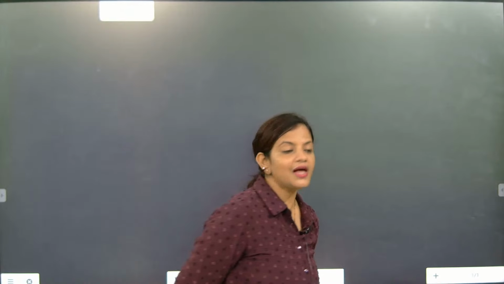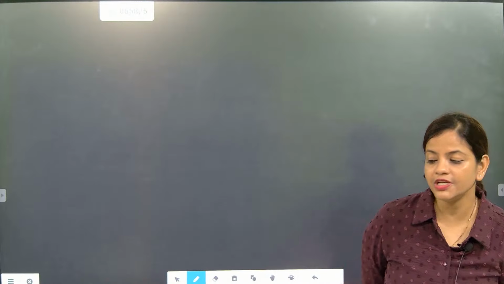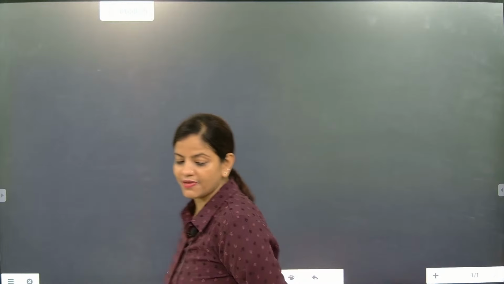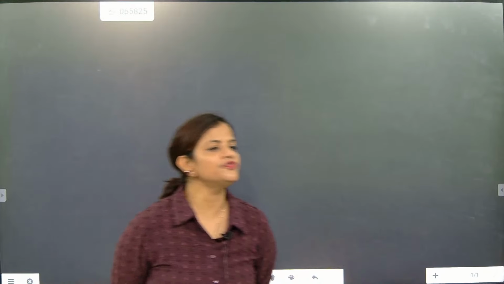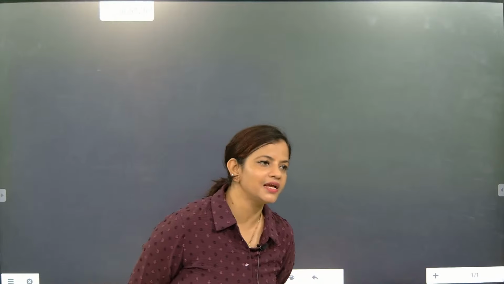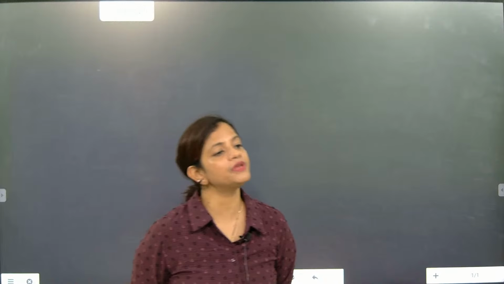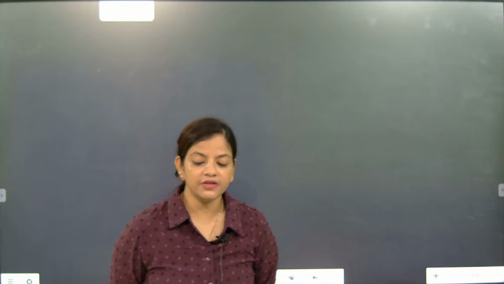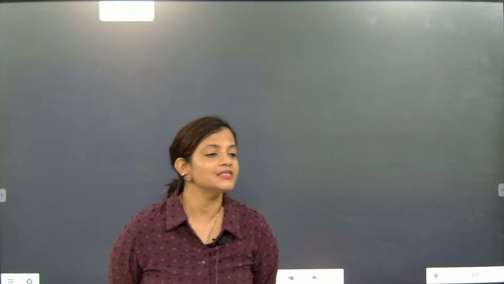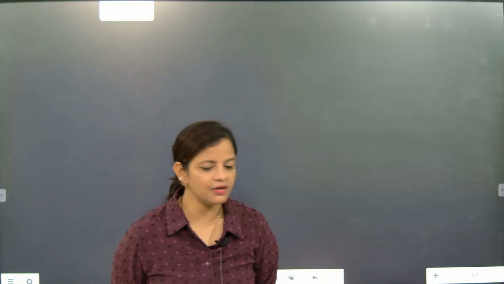Whenever we are studying these sections, we need to understand some very important sections. The first important part is that in class 9, you talked about certain basic figures in 3D: cube, cuboid, cylinder, cone, sphere, hemisphere.